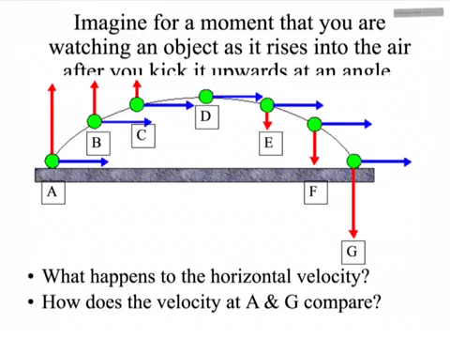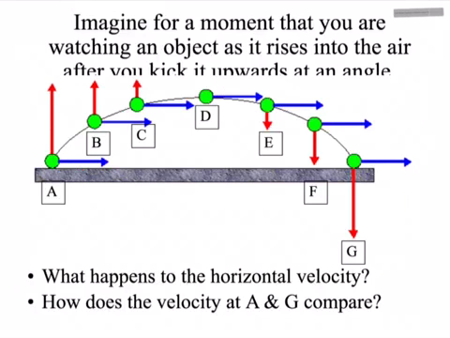The lengths of those vectors appear to be the exact same, but the direction of those arrows is opposite. So we could say that the magnitude of the velocity is the same, but it's in the opposite direction. The initial velocity up here could be positive 20, and at this point it could be negative 20. I'm just making up a number.